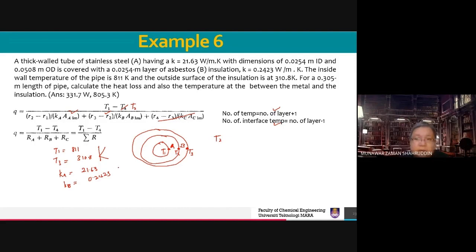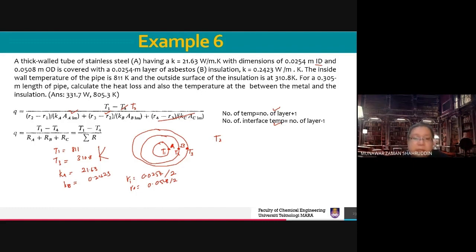And then you have R is equals to 0.0245, R inside, divide by 2, jangan lupa. This one is internal diameter. So outer diameter is 0.0508 over 2.